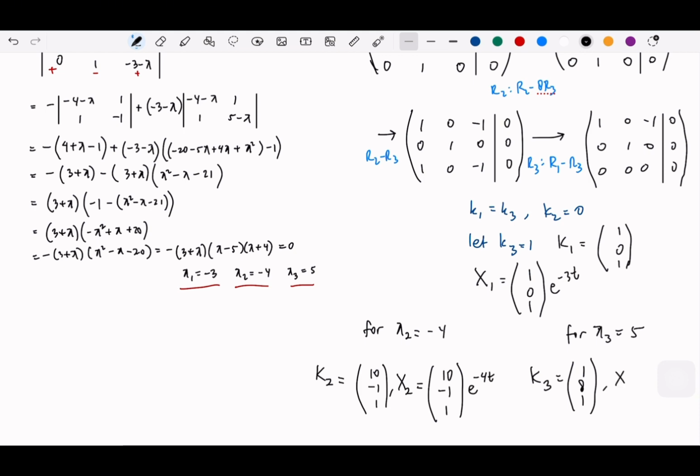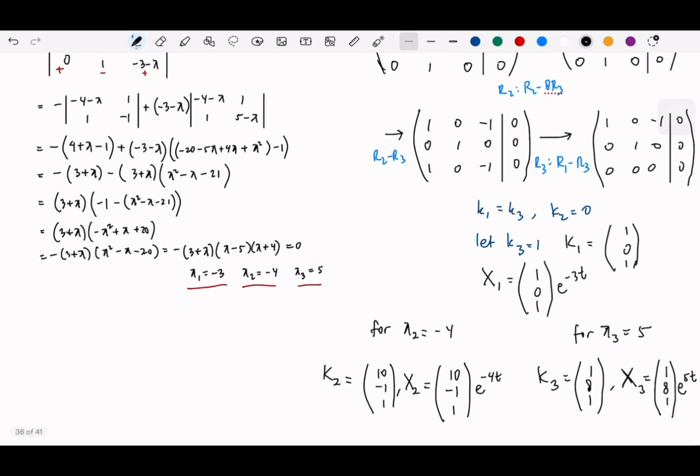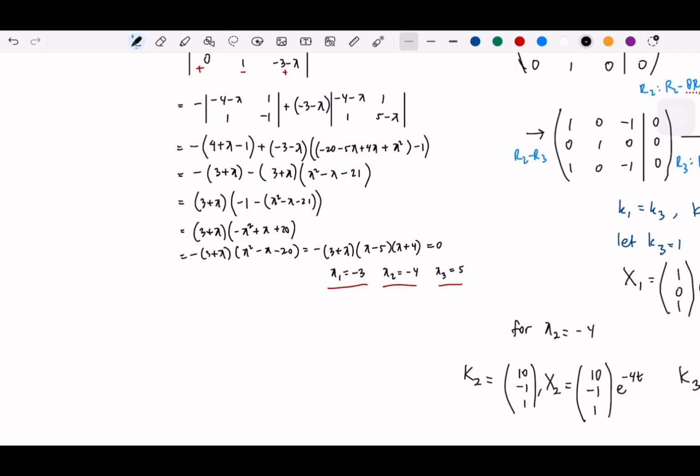So X3, the matrix will be 1, 8, 1, e to the power of 5t. So for the general solution, let me write on the left part.